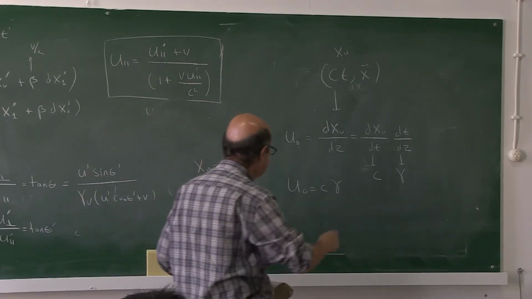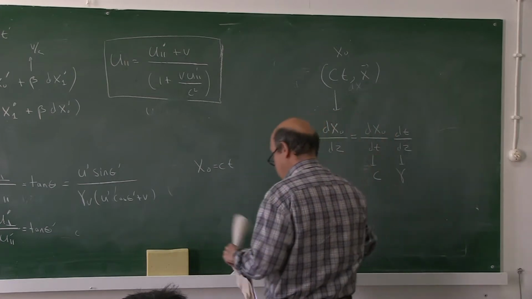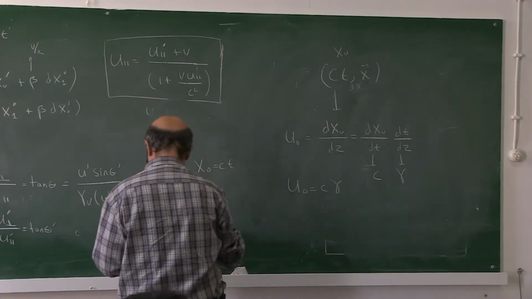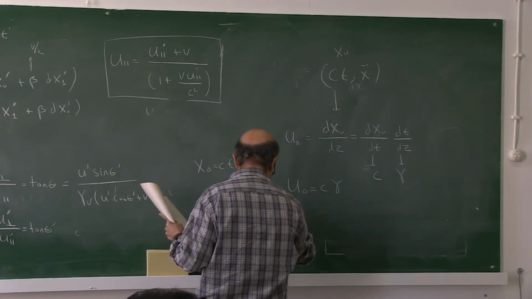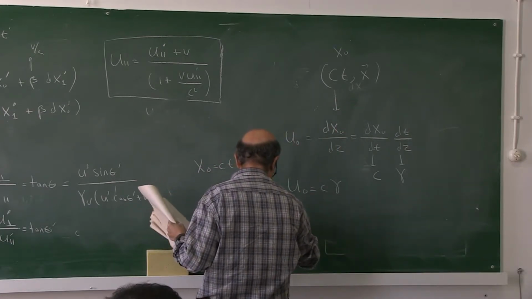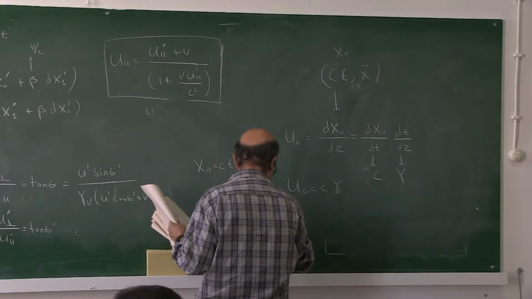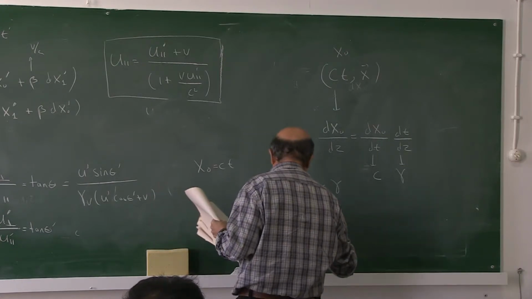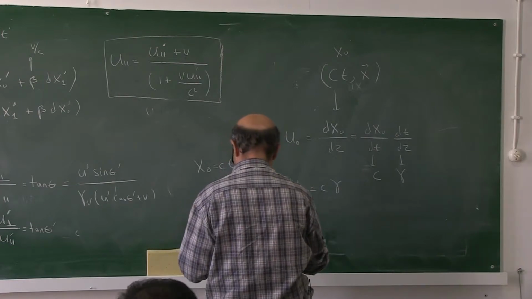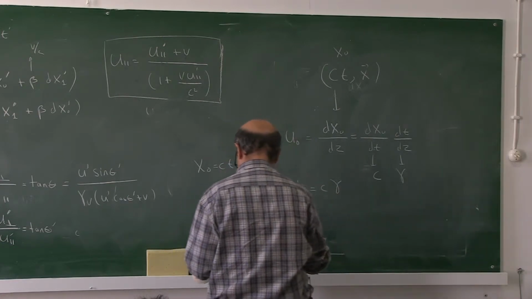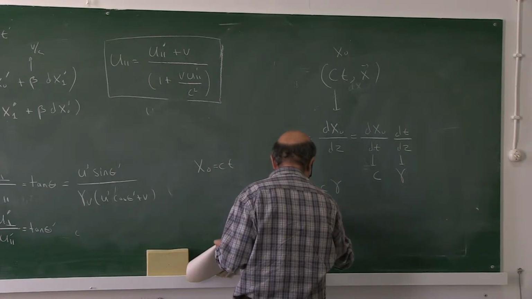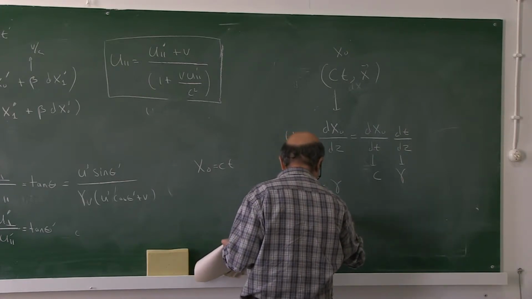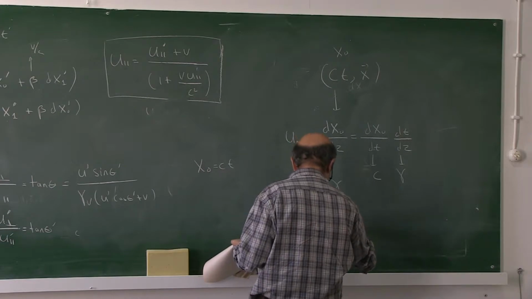And you can do the same trick to the space part more easily. If you take the derivative dx over d tau, that will be dx over dt times dt over d tau.